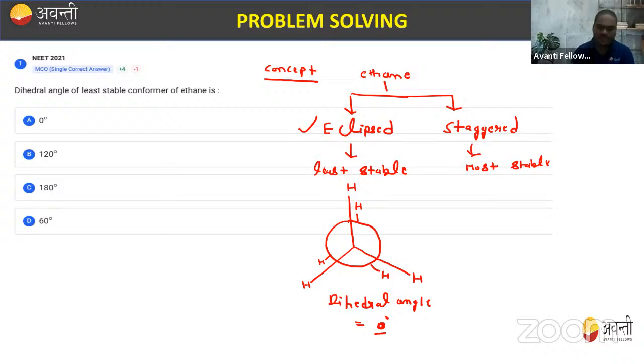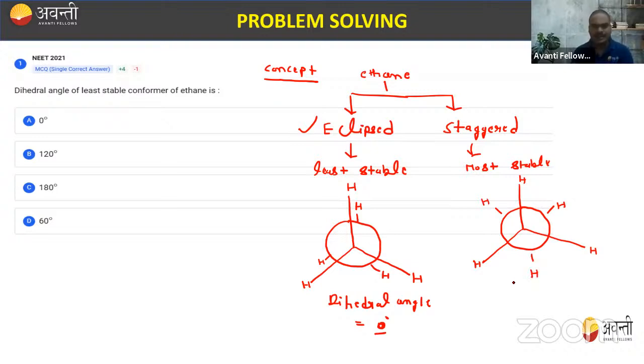Similarly, in case of the staggered form, let me draw the diagram for staggered form as well. So in case of a staggered form, the diagram is like this. We have three hydrogens, one, two, and three, and one is here, one is here, and one is here.